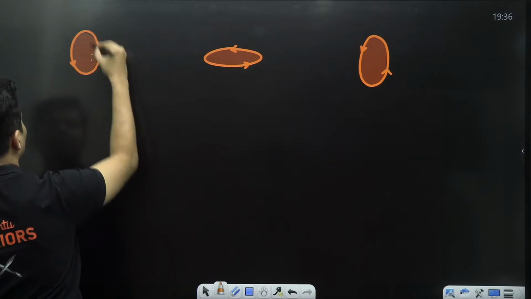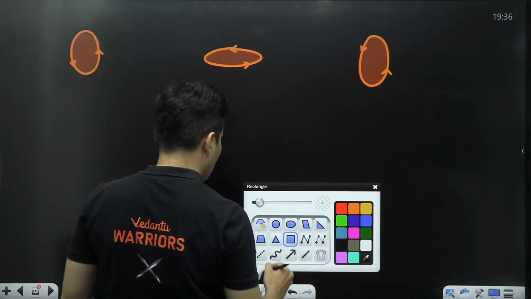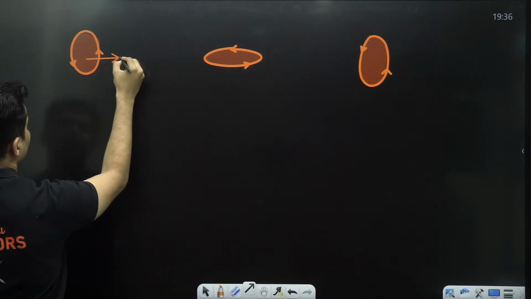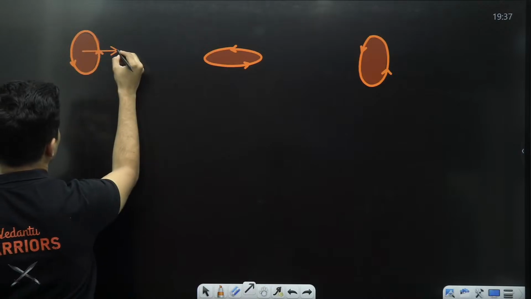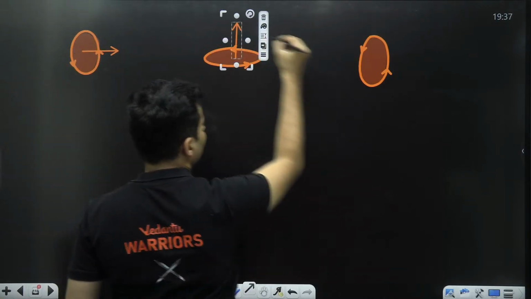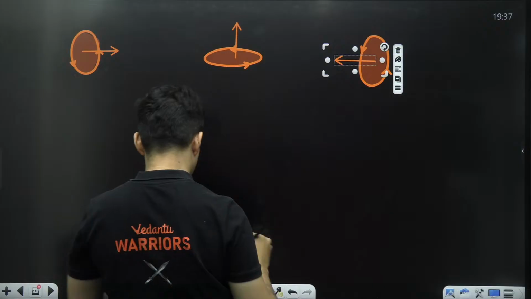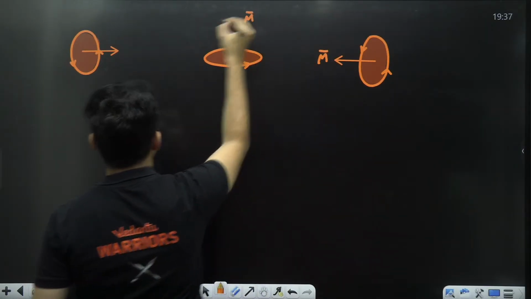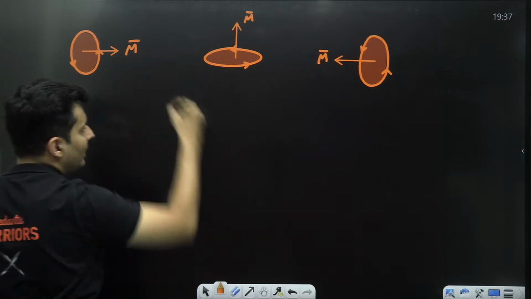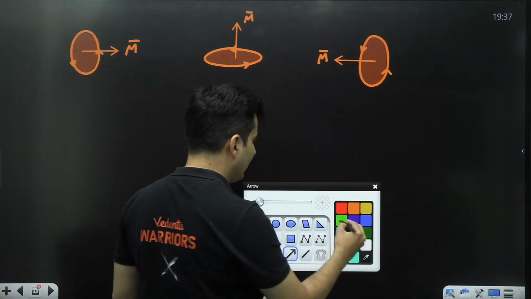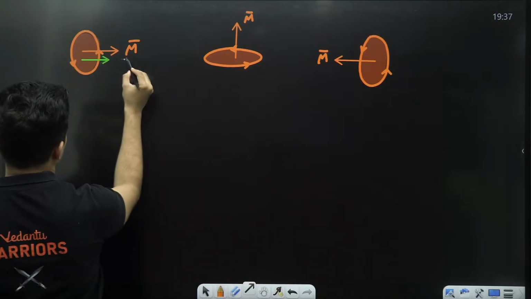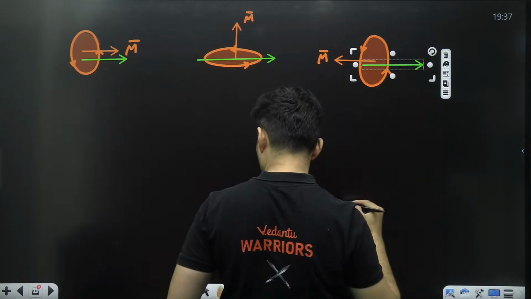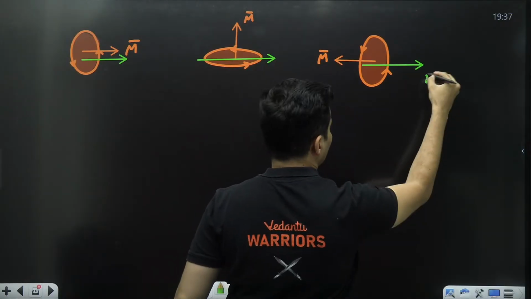This is the area of the loop. It has some number of turns. So the magnetic moment in each case, let's say first time it is here, next time it is here, next time it is here. These are magnetic moments of that current carrying loop. Magnetic field, first case it is here, second case it is here, third case it is here.